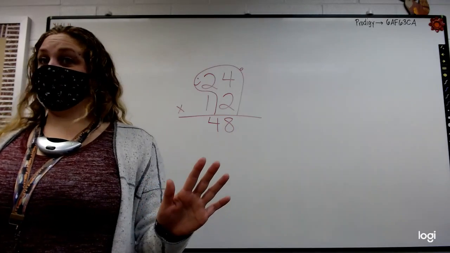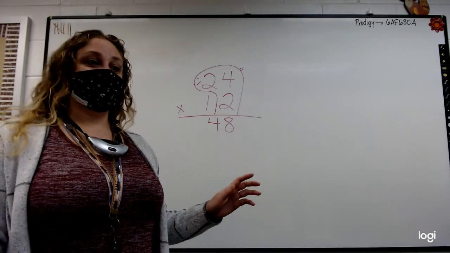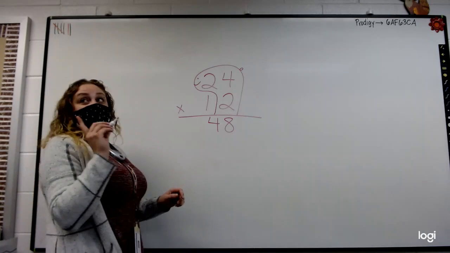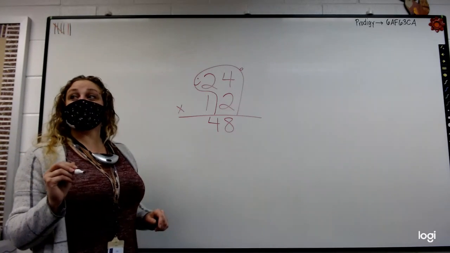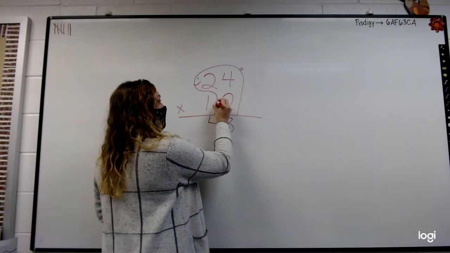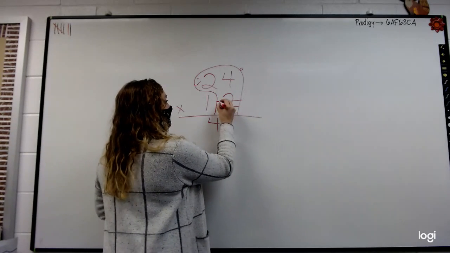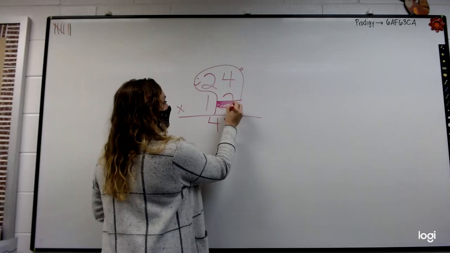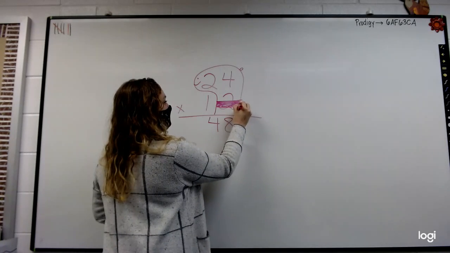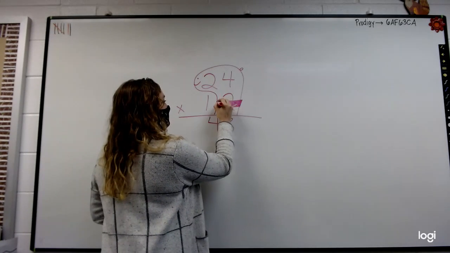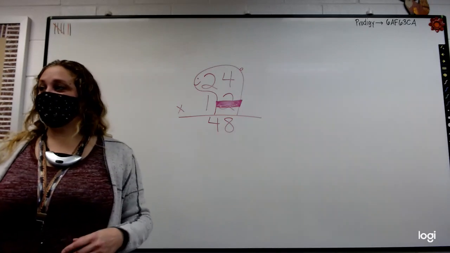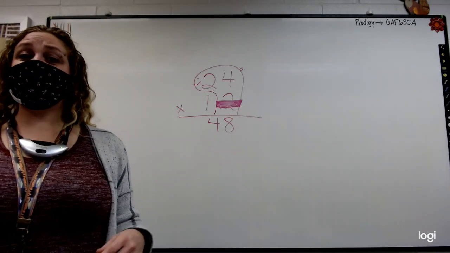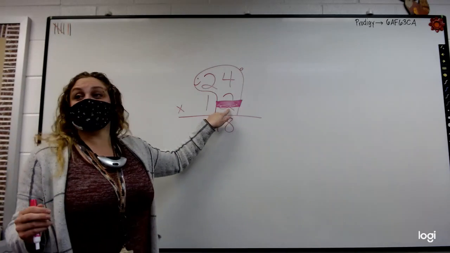You guys ready for the magic? Yep. All right, pay close attention. After you use the number in the neck, you have to give your turtle a collar. So go ahead and draw a collar. Eventually, this just turns into scribbling over the 2, so you know you've used it. But the first time, I like to make a fancy collar. That collar tells you I'm done using that number.